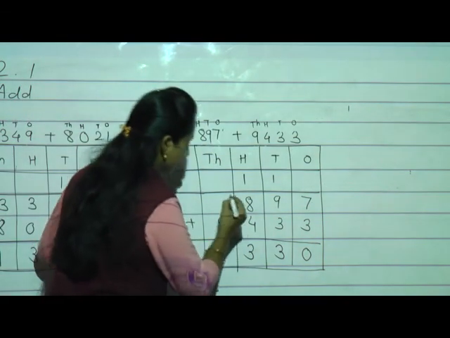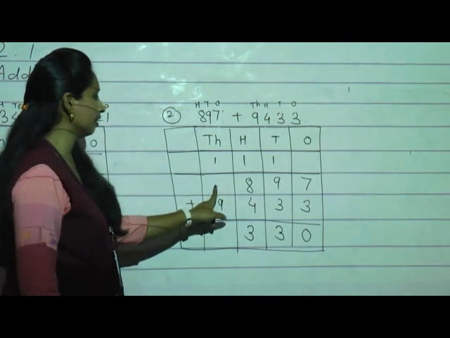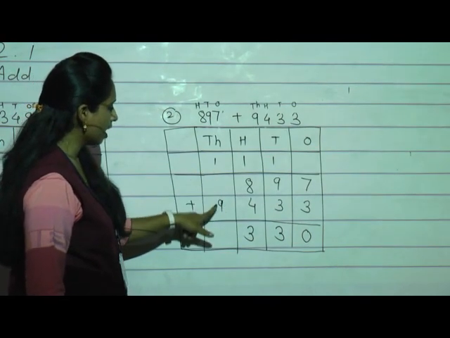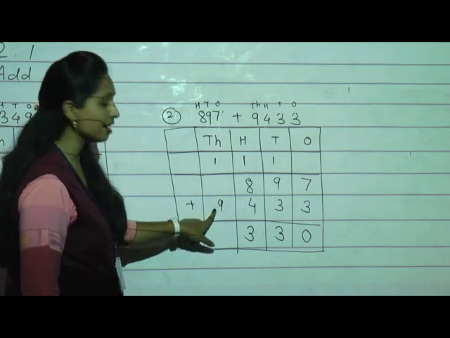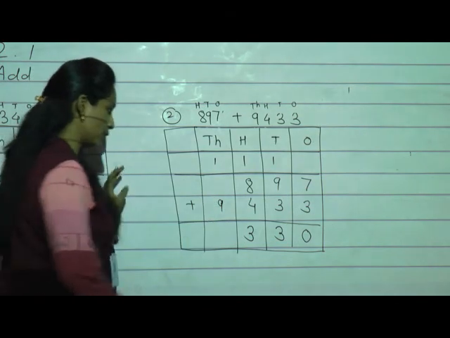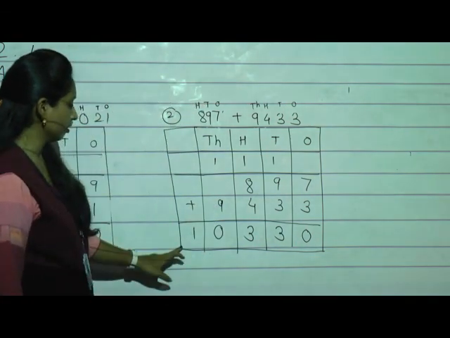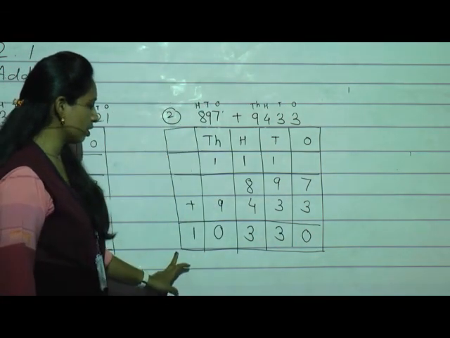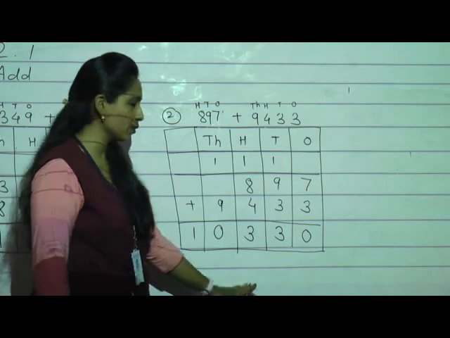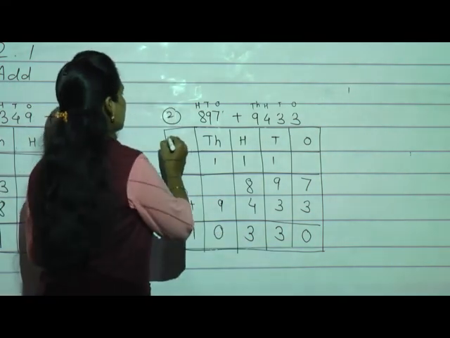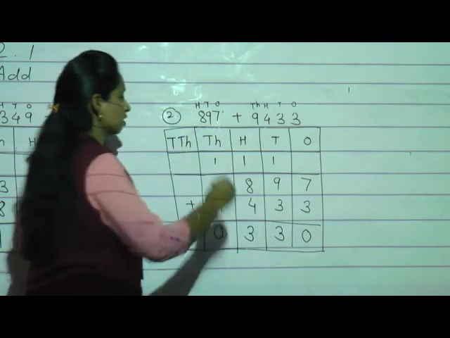So write 3 here, 1 will carry. Here nothing is there, means 0, so no need to count anything. So 1 and 9 is remaining. 1 plus 9 is 10. So how will you write? 0 here, 1 in 10,000s place because we are getting the answer in 10,000s. So the answer is 10,330. You can write here 10,000s place.